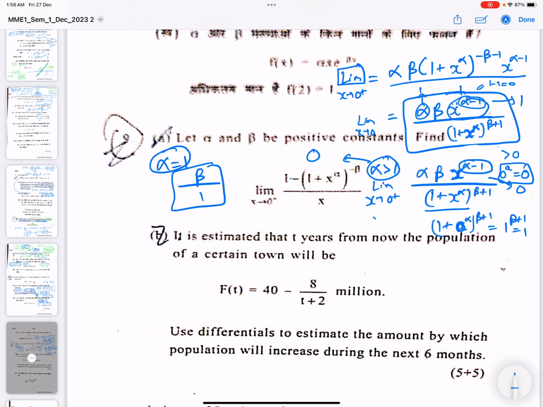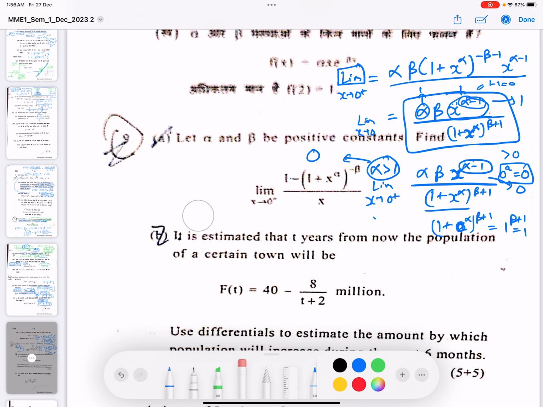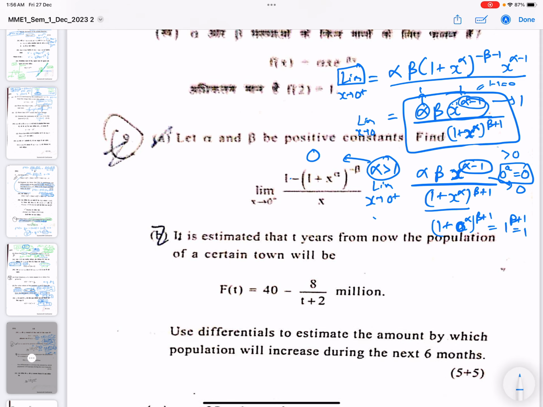Similarly, we'll take the third case, when alpha is less than 1. So limit as x approaches 0 plus of alpha beta x^(alpha minus 1) upon (1 plus x^alpha)^(beta plus 1).